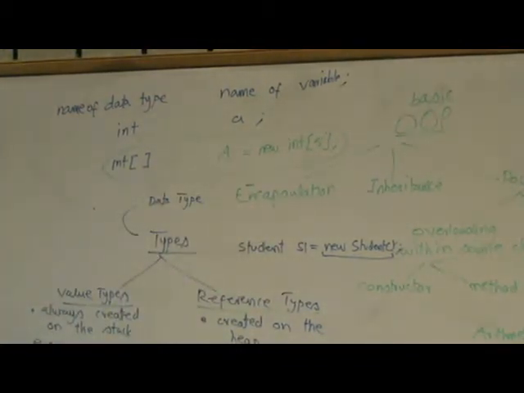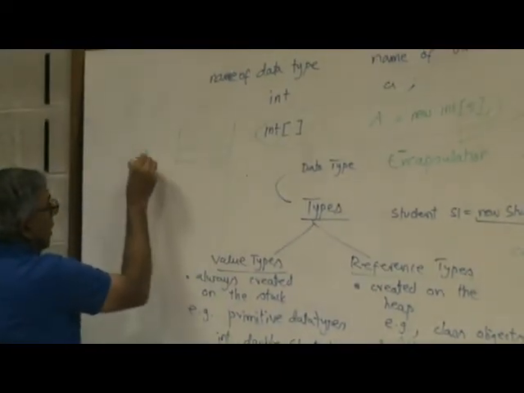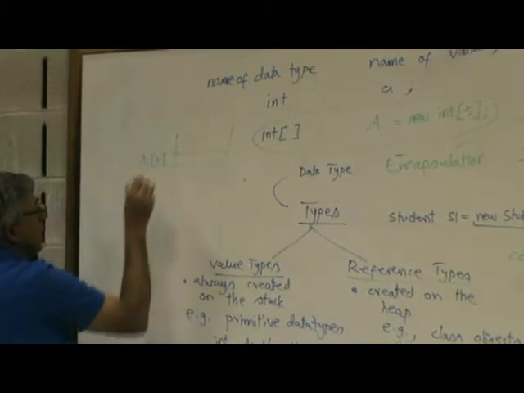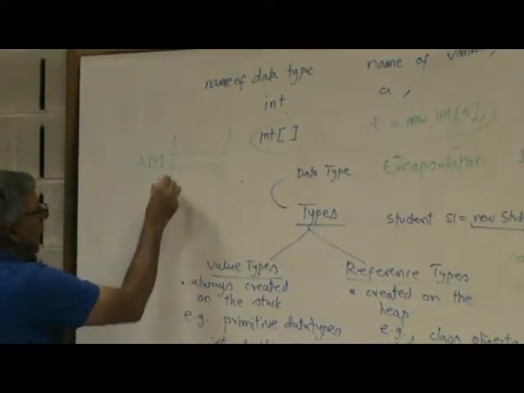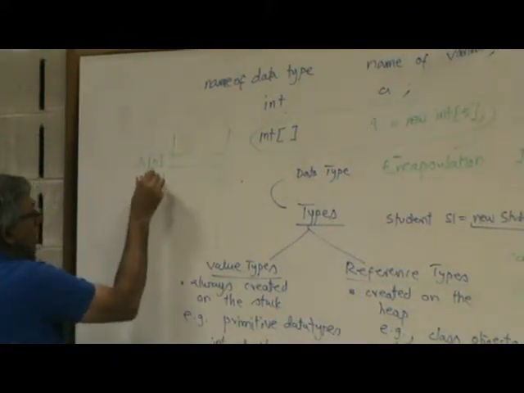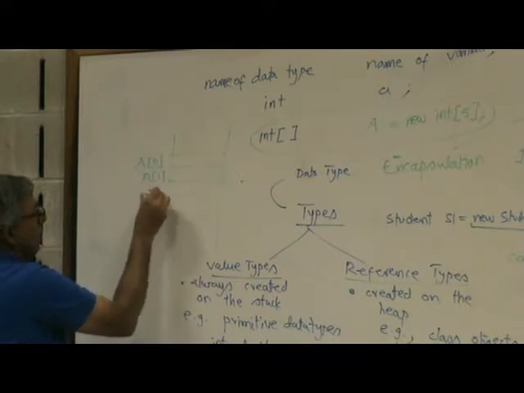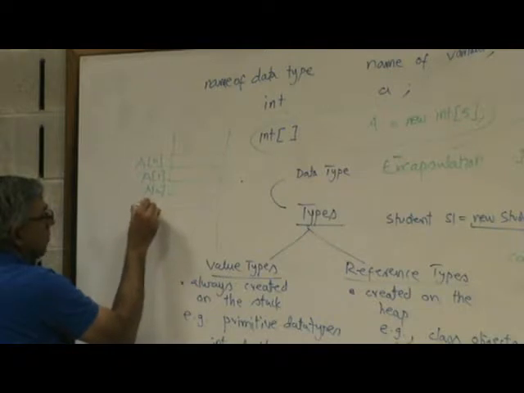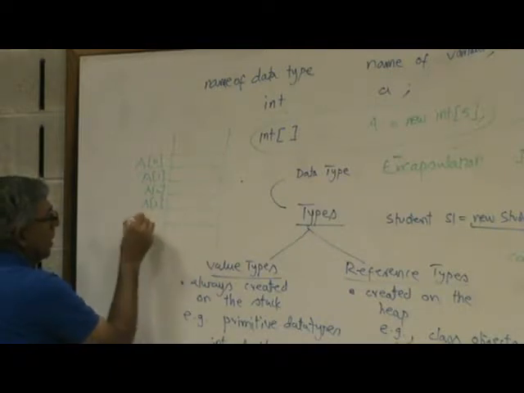What does it do? It basically creates 5 variables. The first variable starts with the index of 0. Second variable, index of 1. Then 2. Then 3, and last will be index of 4.